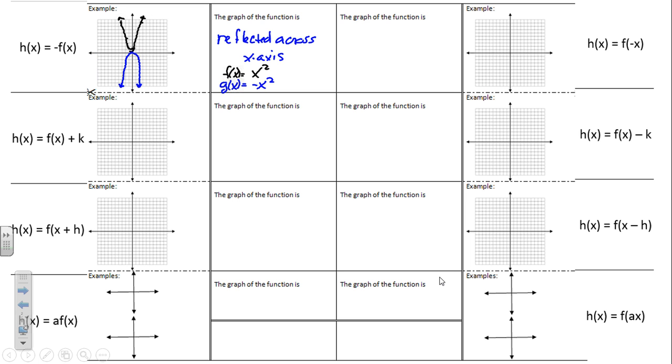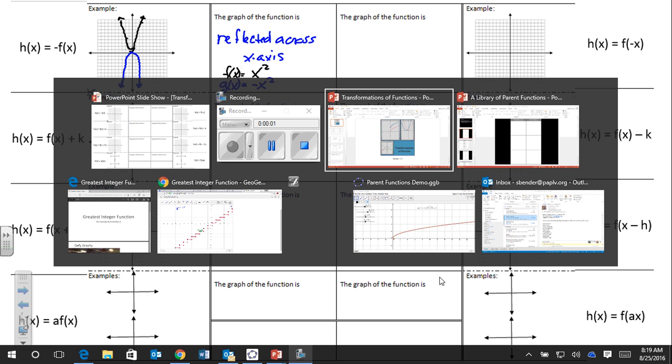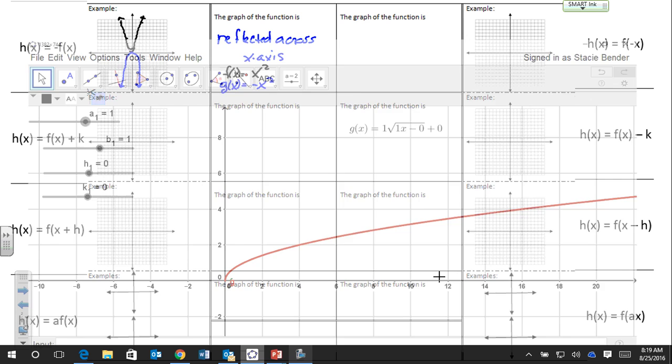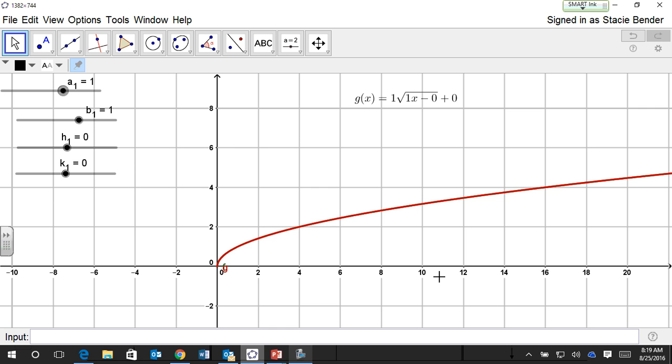But let me pull up GeoGebra real quick, and I will modify my activities to have this guy in here. We're going to have a v in here, and this v is going to be positive or negative.